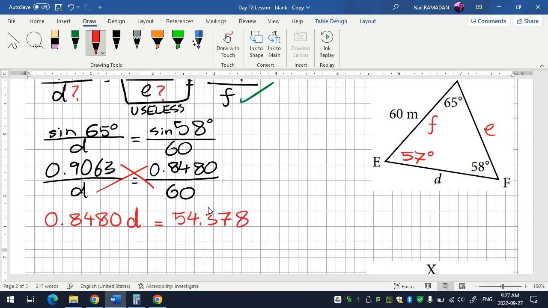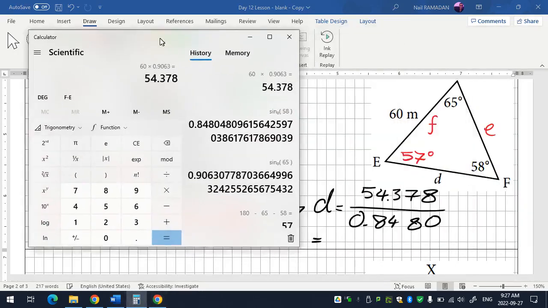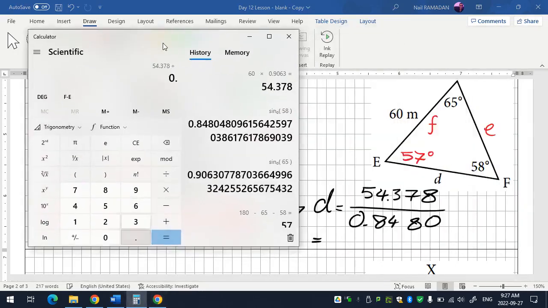You do not have to show me a multiplication sign or anything, because remember, 2x is the same as 2 times x. Never write a multiplication sign between a number and a variable. Just write the number next to the variable. All right. And our last step is that small d equals this number divided by this number. Let's see, this divided by 0.8480.